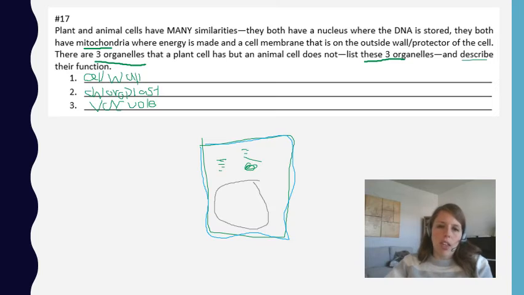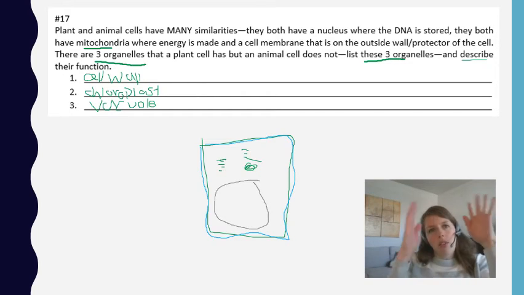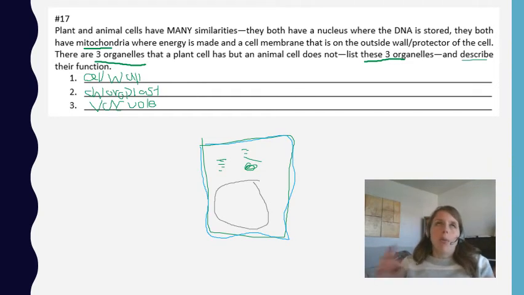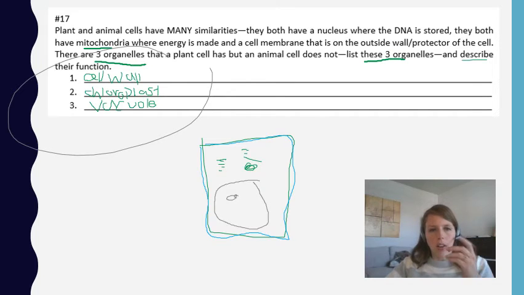And so when you see plants that get wilty, well, one, it might be that they're dying, but if it's just like a really, really hot day, sometimes plants get wilty, and the reason why is because all their vacuoles have shrunk. And so when you water the plant, all those vacuoles inside the cells expand, and then the plant looks stiff and firm again. So anyway, these are the 3 main organelles that plant cells have, but animal cells do not.